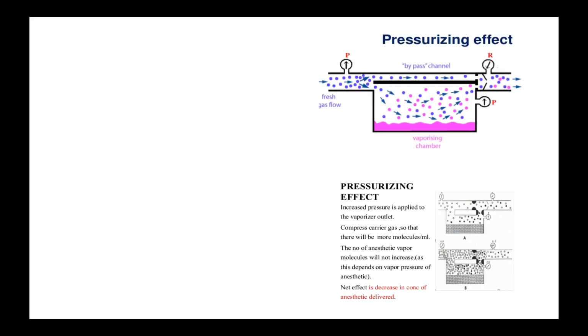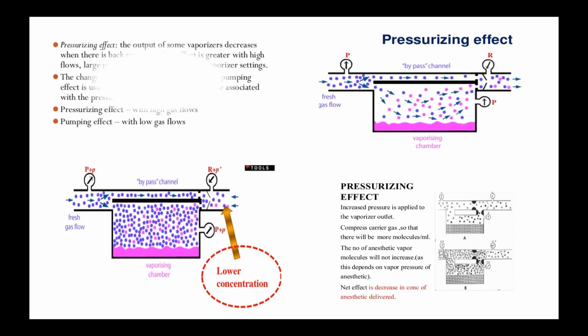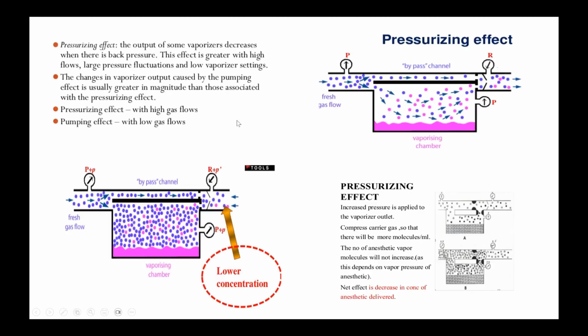Okay? So the pressurizing effect is the opposite of the pumping effect. In the pressurizing effect, what happens? The output of the vaporizer decreases when there is a back pressure. This effect is greater with high flow rates, large pressure fluctuations and low vaporizer settings.